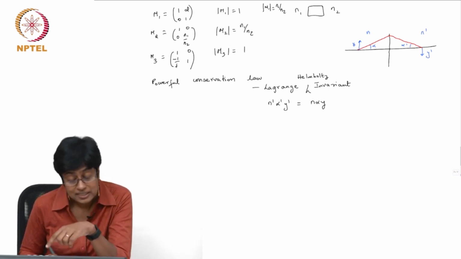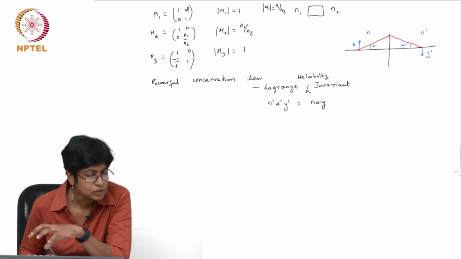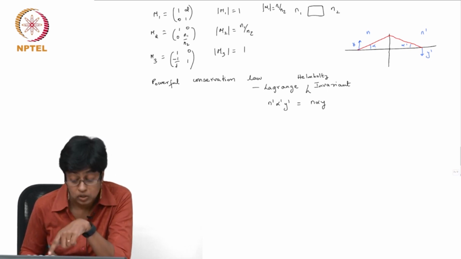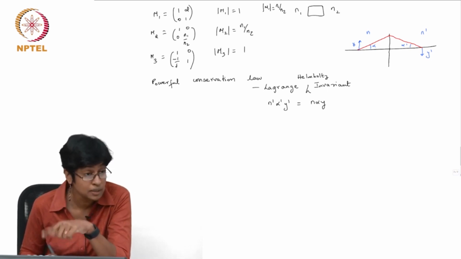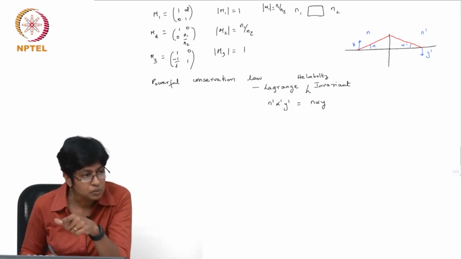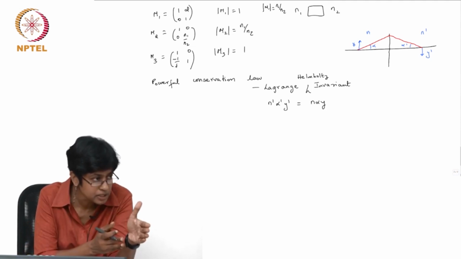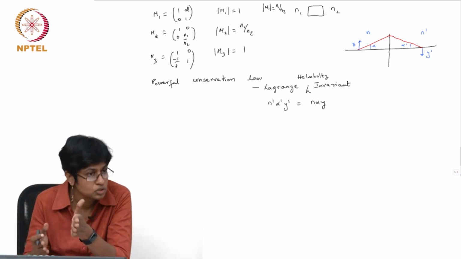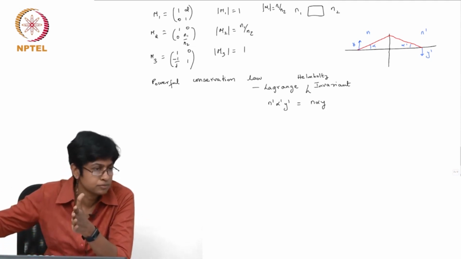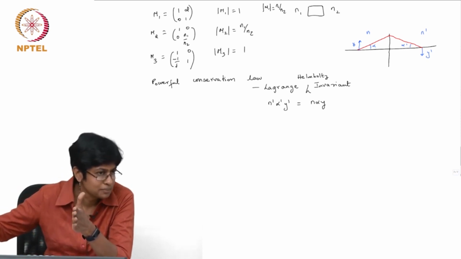Here, by tracing a single ray, I am able to get some information about the optical system. Just because there is a constant, if I know something about this ray somewhere in object space, I am able to use this constant and find out parameters in image space.